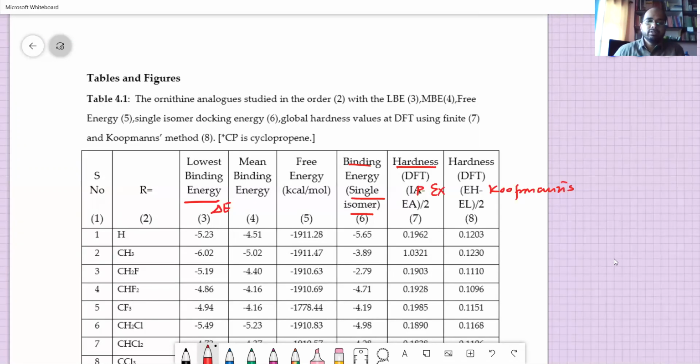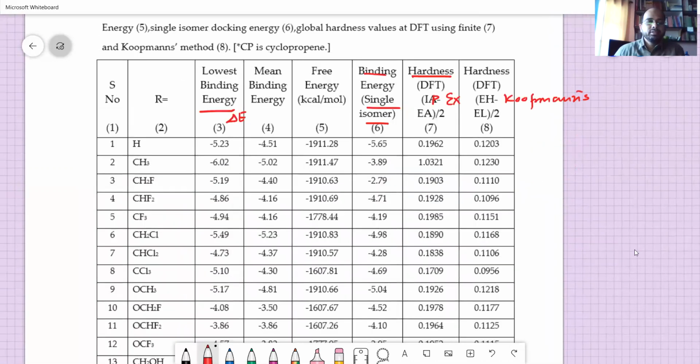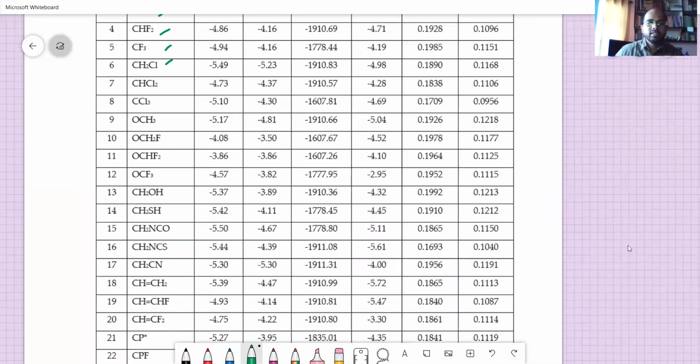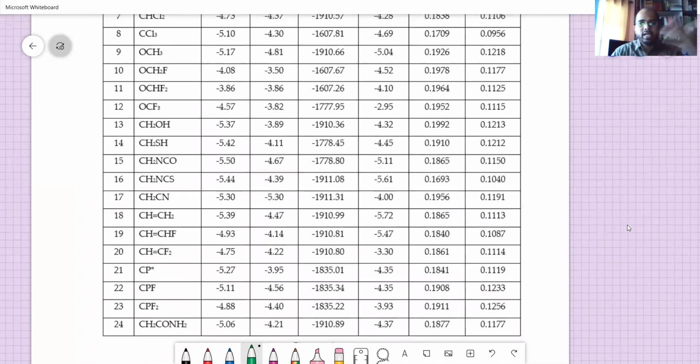And look at the derivatives there. Derivatives have been chosen based on what we saw in the table. H is one derivative, CH3 is one derivative, CH2F, CHF2, CF3. Likewise, you have so many derivatives there. And these derivatives are based on the spectrochemical series and the knowledge of that time. So you can have a look at the previous slide in which I mentioned hard and soft acids and bases.